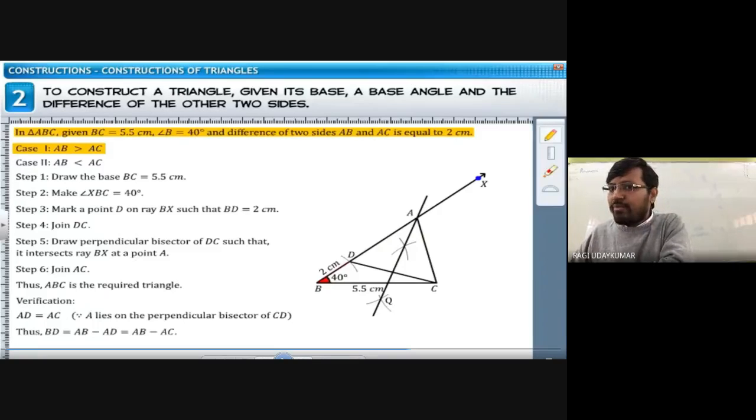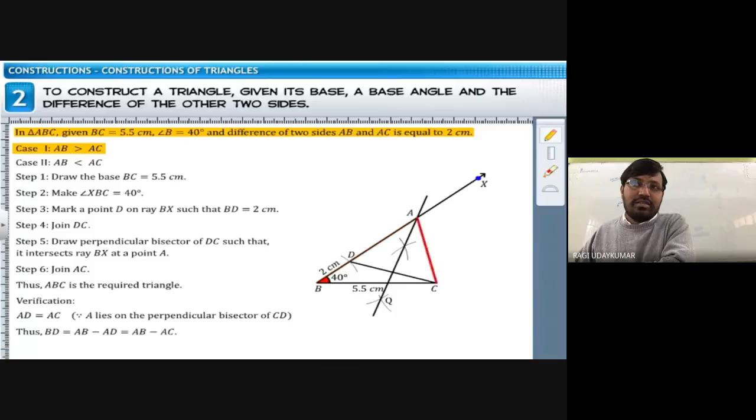As per the question, AB minus AC is 2. AC length is equal to AD, so AB minus AD is equal to 2 from our construction. So that means we have constructed it right. Did you get my point here?